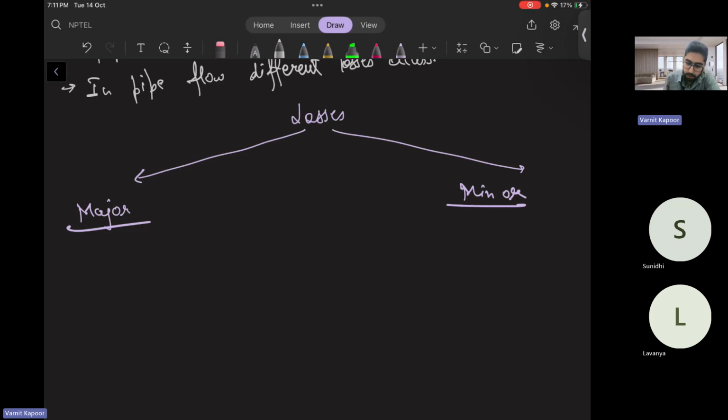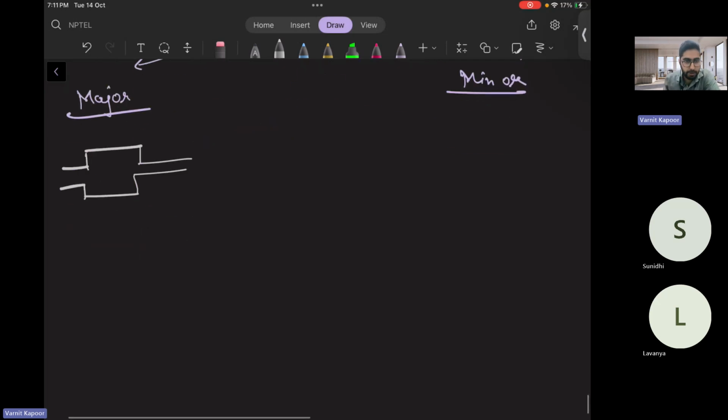Suppose I have a pipe like this. There will be no slip phenomena, and viscous resistance will be there.